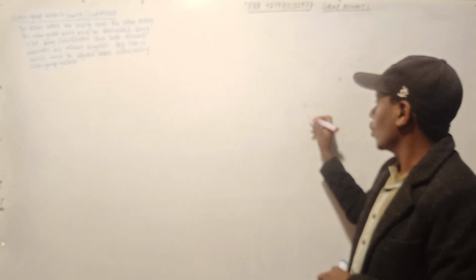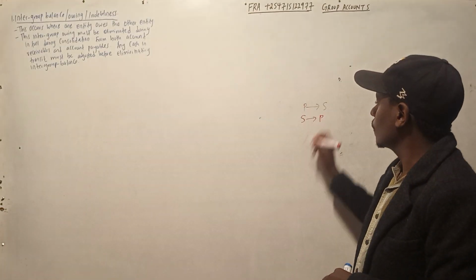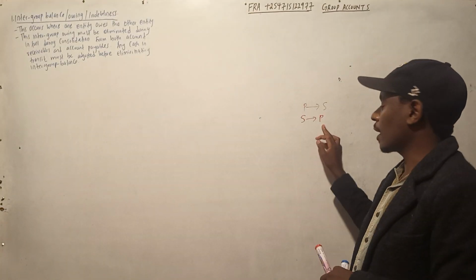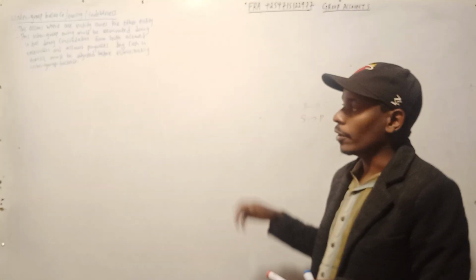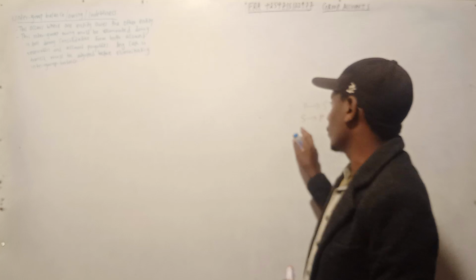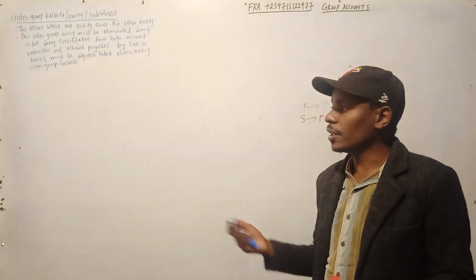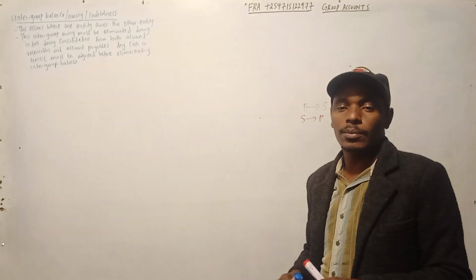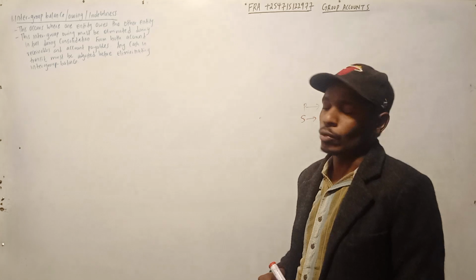Or S could have sold goods to P. By the end of the year, the parent company has not settled the amount that they received on credit from S. So either way, either side, those debts must be eliminated upon full consolidation.